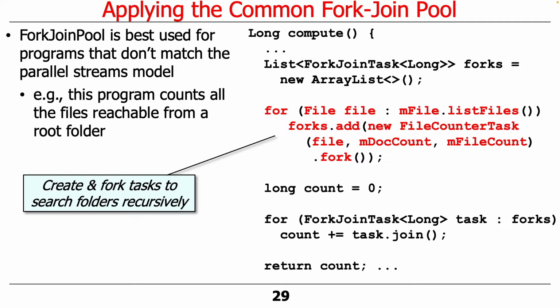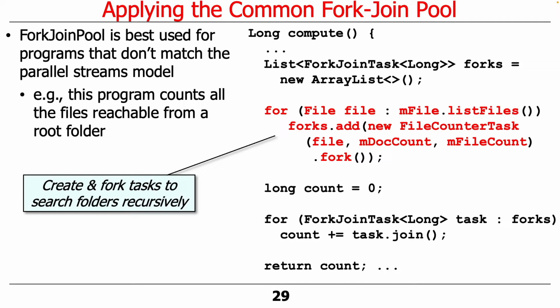And those subfolders may have files and subfolders and so on and so forth. And so what we do here is we take every one of the files, and a file could either be a folder or a document, and we go ahead and we create a new object called a file counter task, and we pass in the file and then a couple of atomic objects that keep track of how many documents and how many files we've seen.